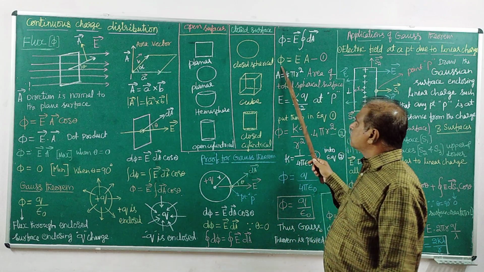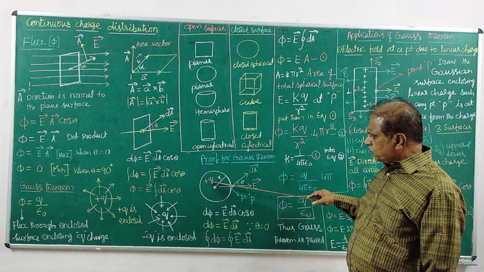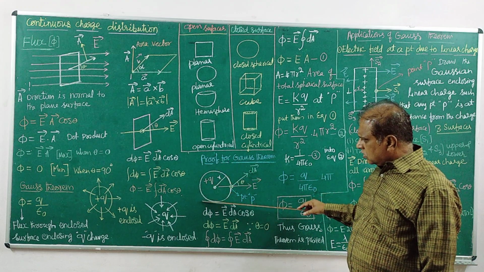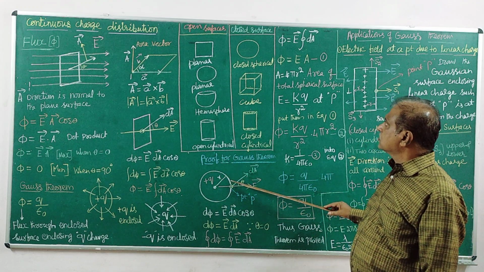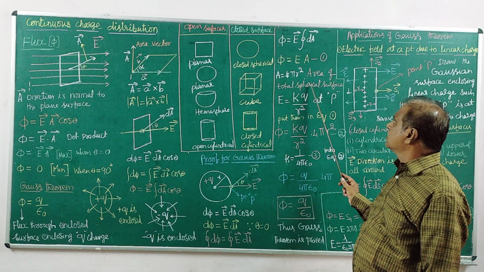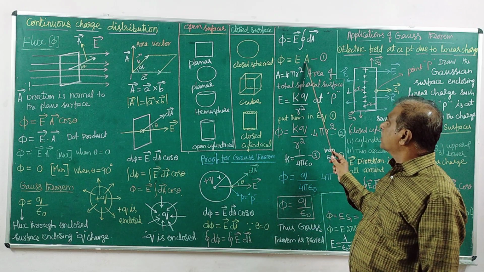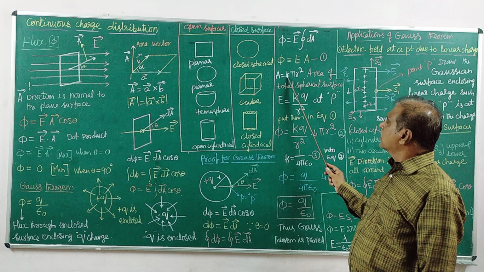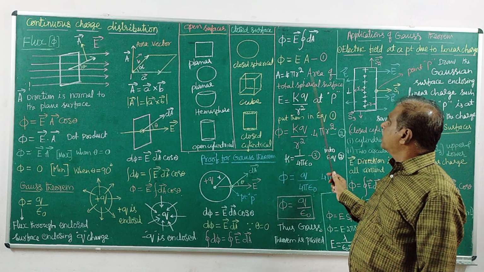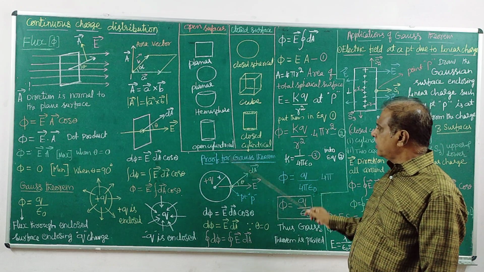The flux due to this charge through the entire surface, where A is the total spherical surface area. The mathematical definition for the area of a sphere is 4πr², where r is the radius of this sphere.